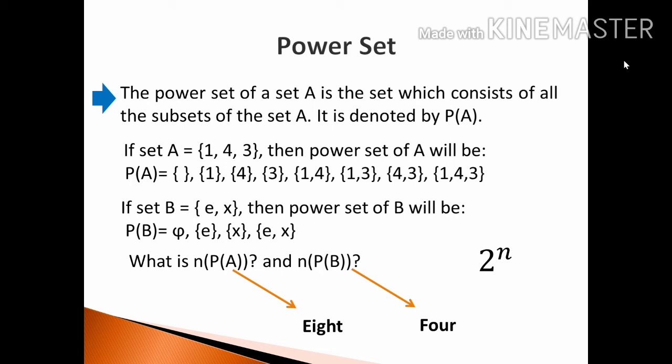The same as in set B. We're going to change n into 2 because there are 2 elements. So 2 to the power of 2 is 4. I hope you are able to use the formula 2 to the power of n for the cardinality of the power set.